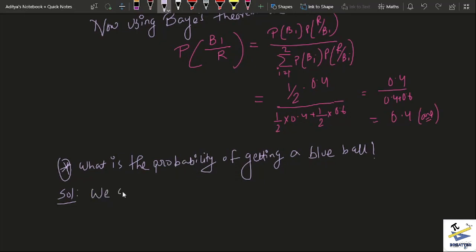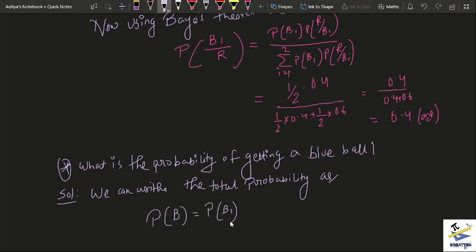So we can write the total probability as probability of a blue ball is equal to probability of bag 1 into probability of blue ball given bag 1, plus probability of bag 2 into probability of a blue ball given bag 2.